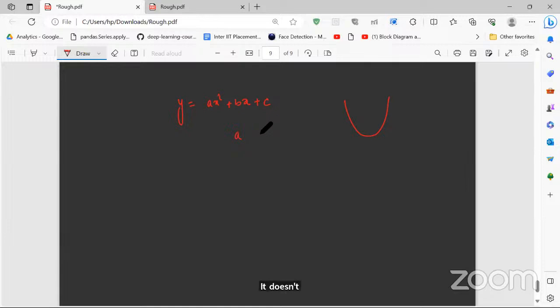Greater than 0, correct? And for the opposite one, less than 0. So if a is greater than 0, it goes up, and if a is less than 0, then it will go down.